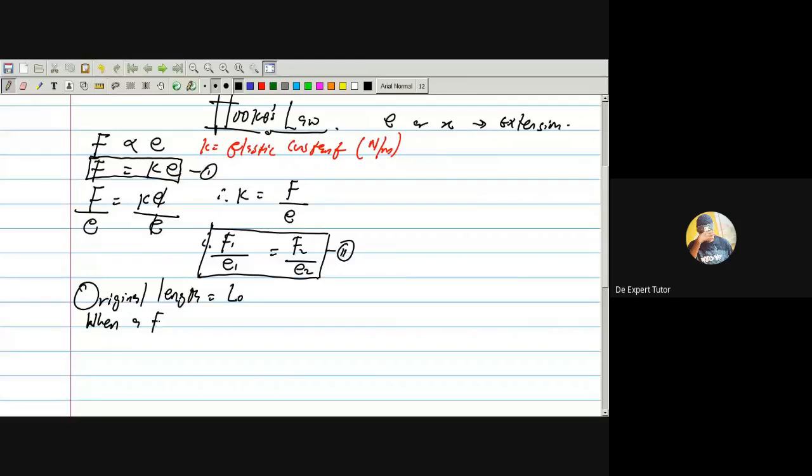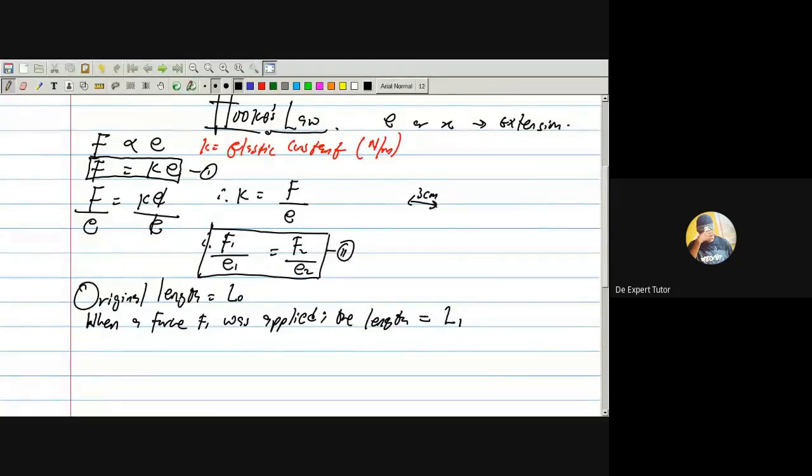When a force F1 was applied, the length now became L1. Let me say the length of this object before was 3 centimeters.